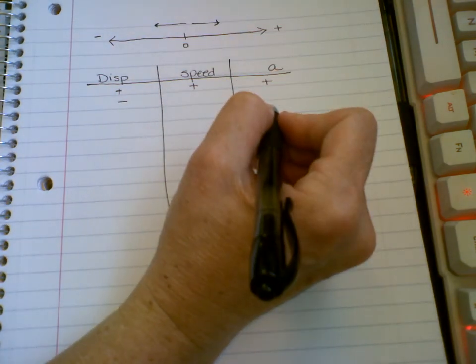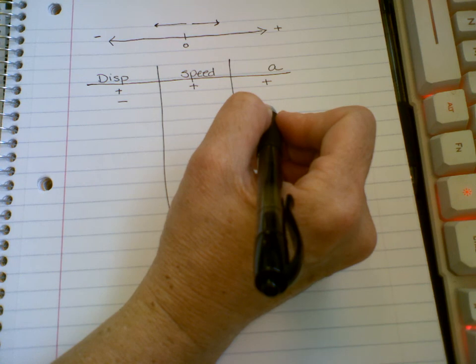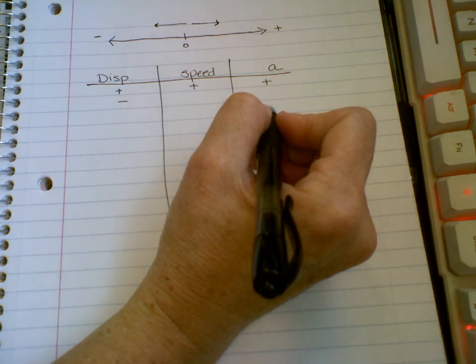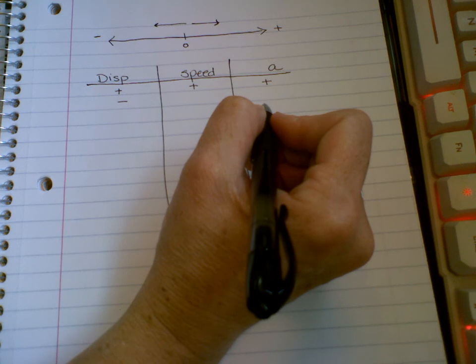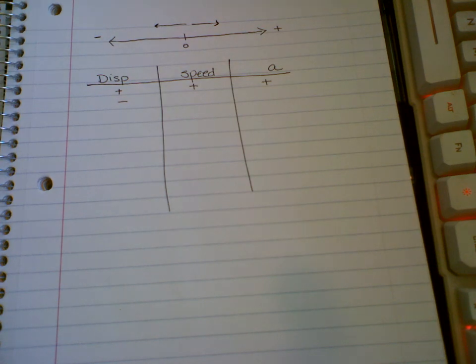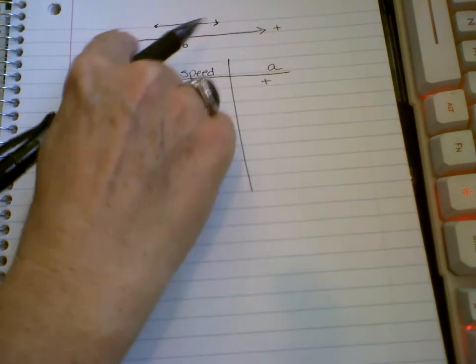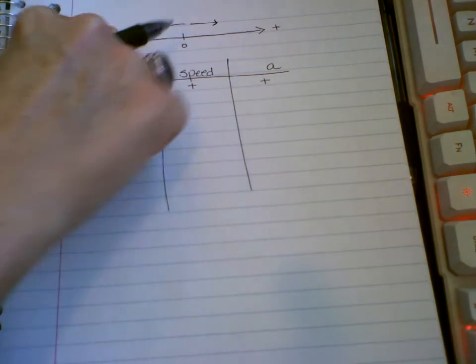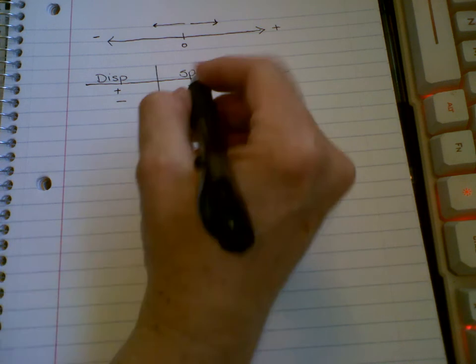If I'm going in the opposite direction, towards the negative, and I'm speeding up... actually, take that back for a second. Okay, sorry, I kind of tripped myself up a little bit there. If I'm moving in the opposite direction, that means my velocity is essentially negative and I'm slowing down.